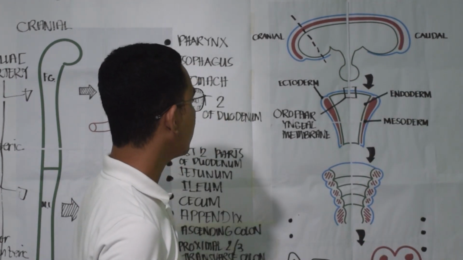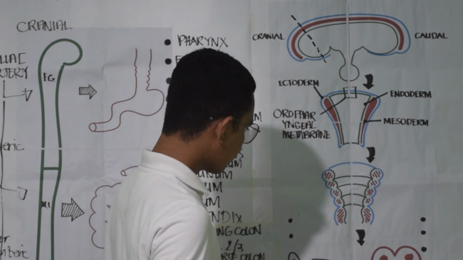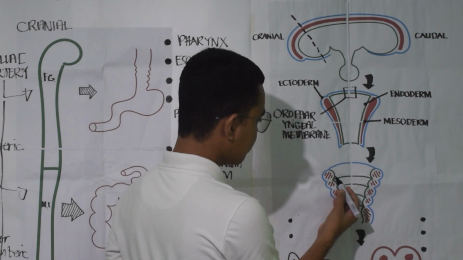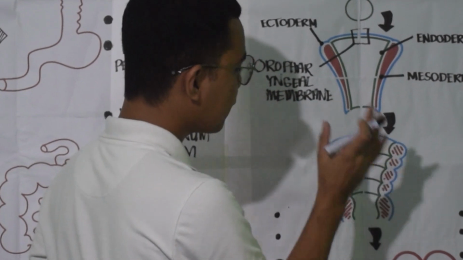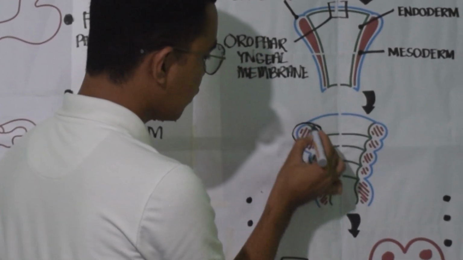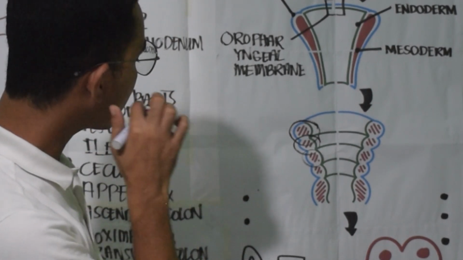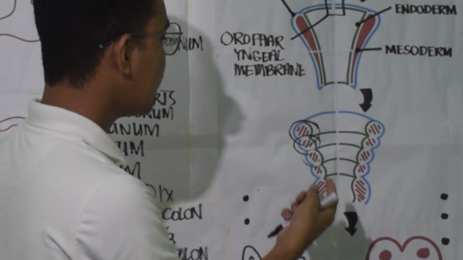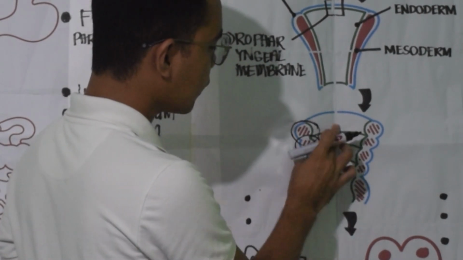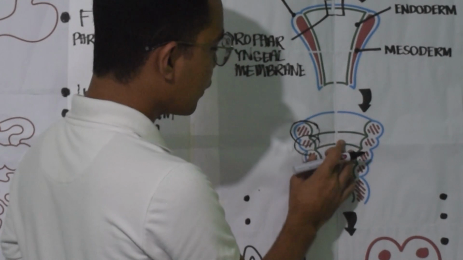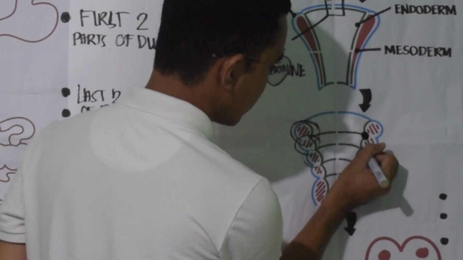Okay, focusing on the oropharyngeal membrane, as the development progresses, this primitive pharynx will have vesiculation here. That is the vesiculation that is forming, and in the internal aspect, this primitive pharynx forms somewhat like pouches.